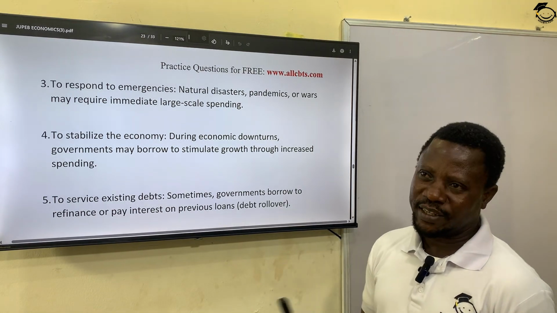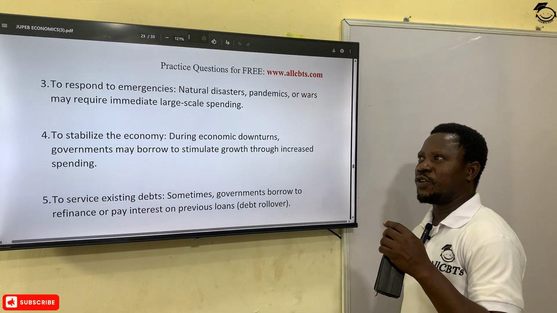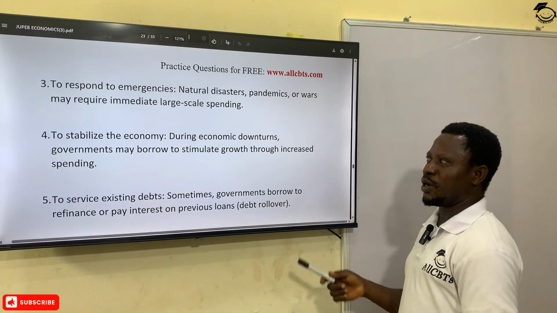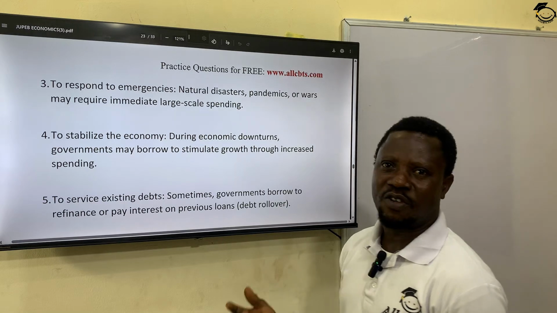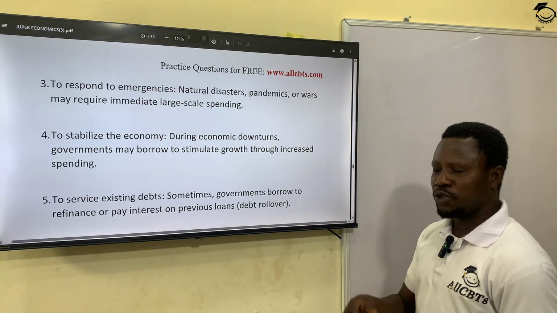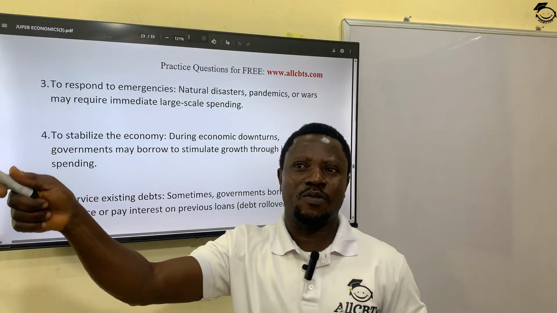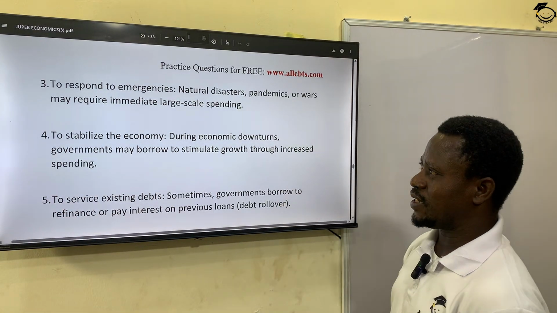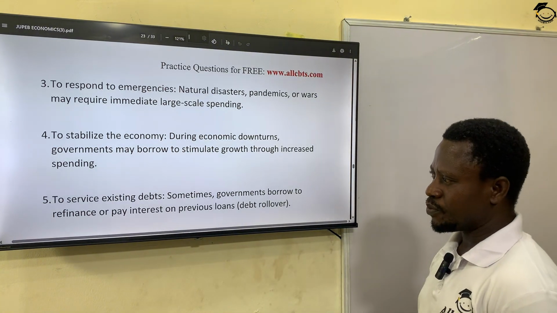Another reason is to stabilize the economy during economic downturns: inflation, deflation, stagflation, and what have you. To turn the economy around, the government may decide to borrow money so as to stimulate growth. And by stimulating growth, that will increase the spending of government to make sure the economy is stabilized again, just like what the current government is doing.